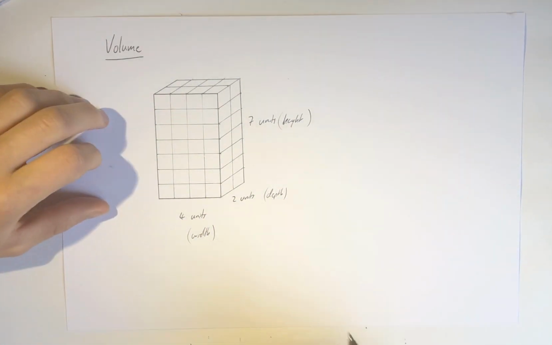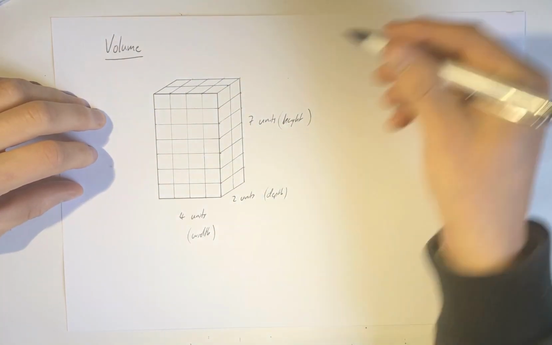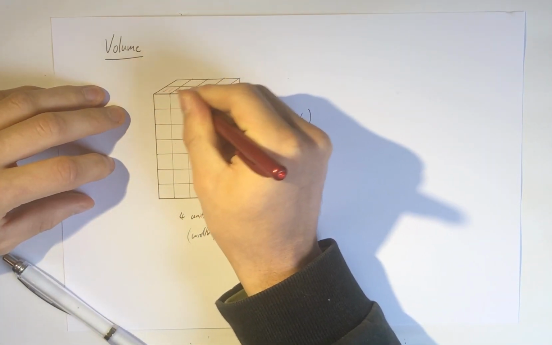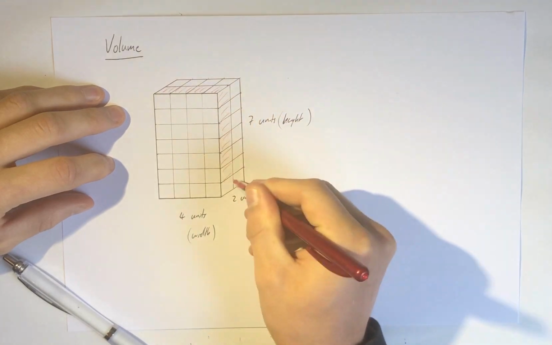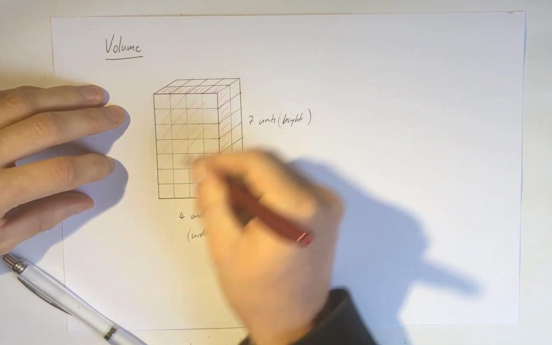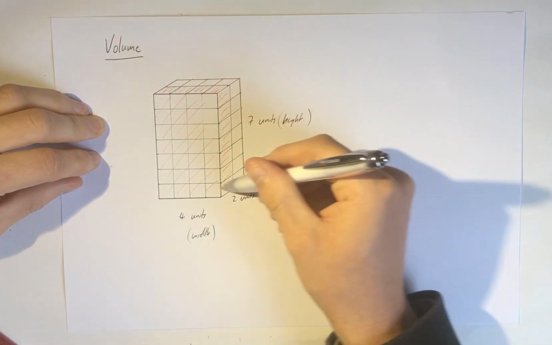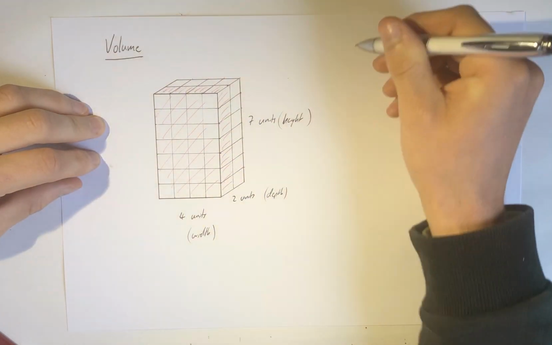So we can do this many ways. Let's just have a look at this first slice here. How many cubes fit into just this slice? Well, that is just 4 by 7.